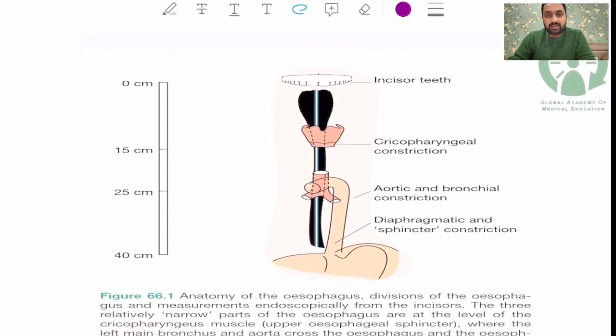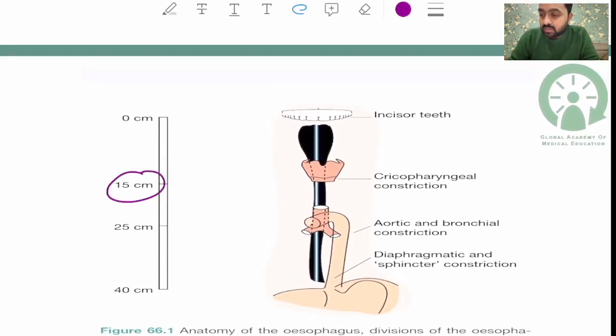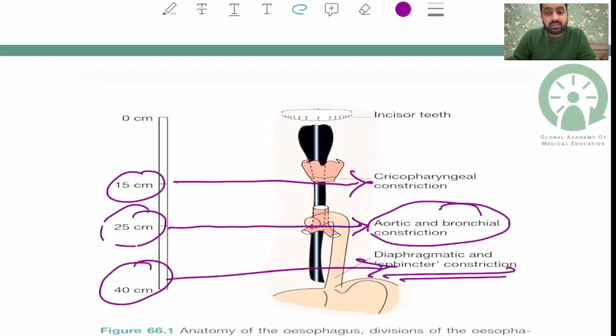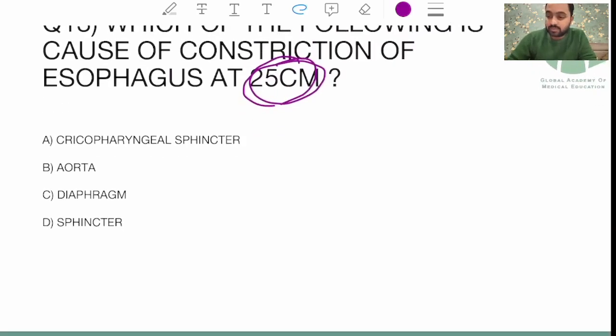So if you look at the diagram from Bailey and Love, at 15 centimeter you have your cricopharyngeal sphincter, at 25 centimeter you have your aortic and bronchial constriction, and at 40 centimeter you have your diaphragmatic and sphincter constriction. So at 25 centimeter it would have been your aorta. Some students have told it to be bronchial, so it would be either aortic or bronchial constriction.